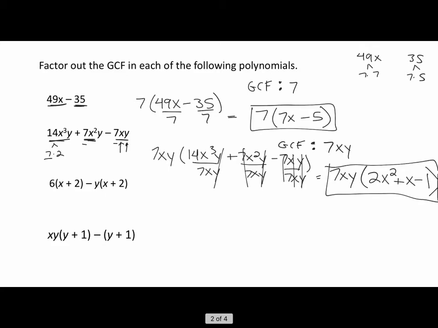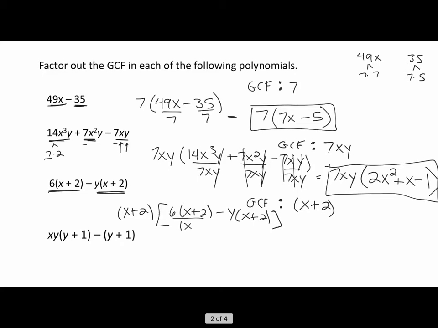Our third example, we only have 2 terms separated by subtraction. And so do these 2 terms have a greatest common factor? 6 times (x plus 2) and y times (x plus 2). So they do share an (x plus 2) in common. So I want to factor (x plus 2) out of this binomial.